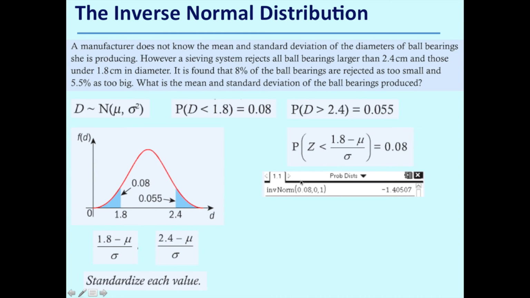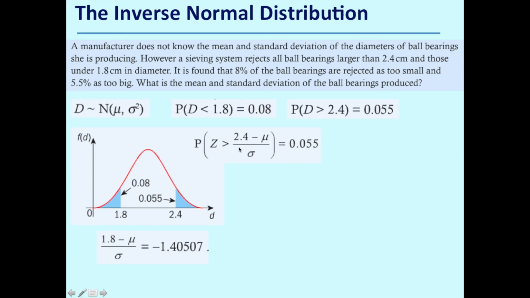So we can use our inverse normal function to find that. The area to the left is 0.08. It is now standardized, and that gives us a value here of negative 1.40507. So we've taken our standardized value, and 1.8 minus mu over sigma equals negative 1.41.